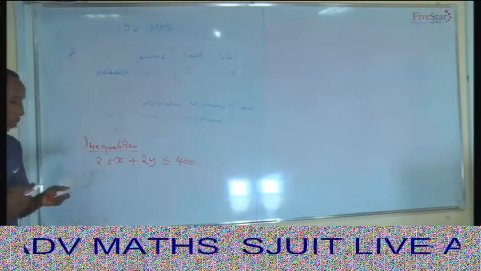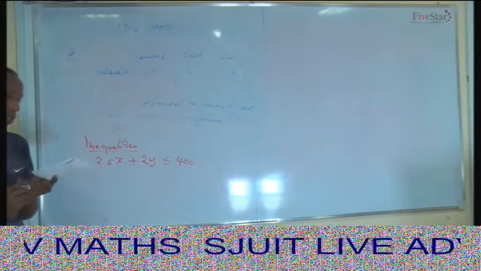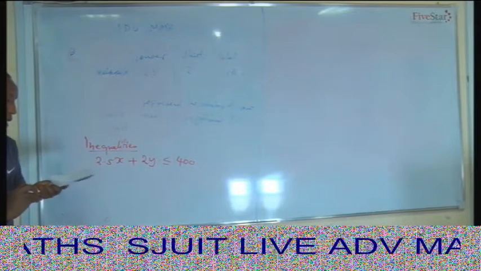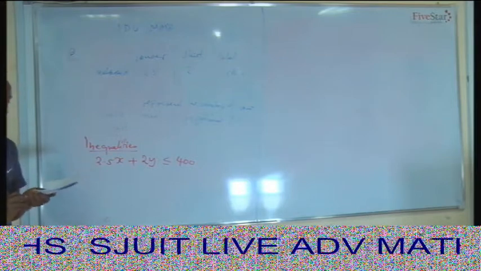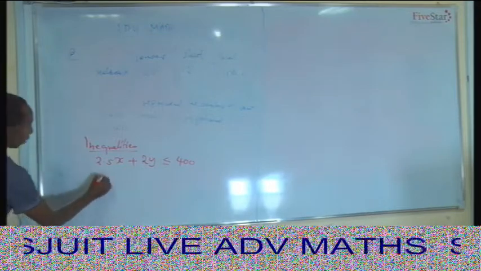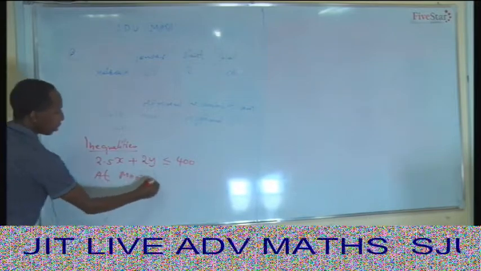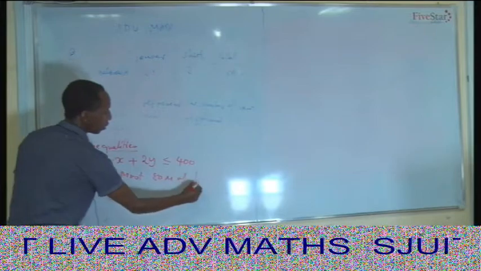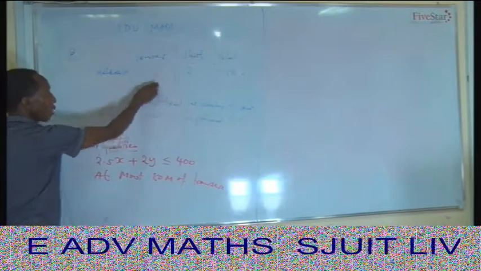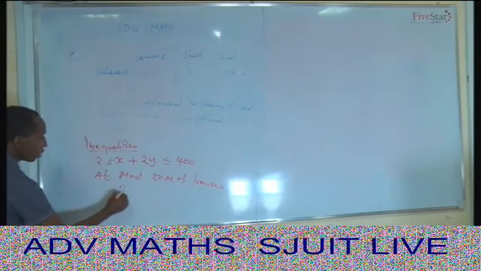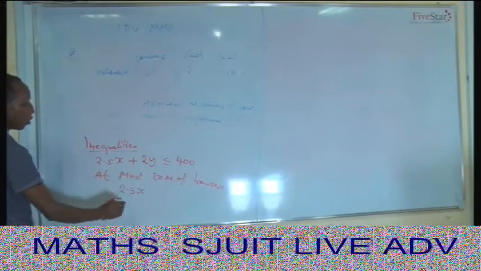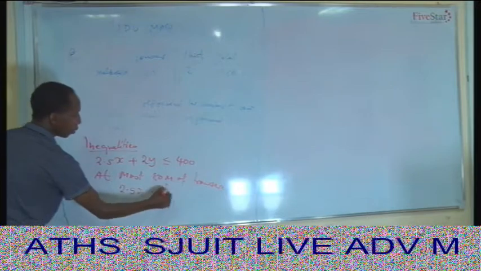Again, we are given further information from the question that the business uses up to 400 meters for daily production of the garment, but produces at most 80 meters of the trousers. Because each trouser requires 2.5 meters, this inequality is 2.5 times the number of trousers, which is X. At most means the maximum value, so this should be less or equal to 80 meter.